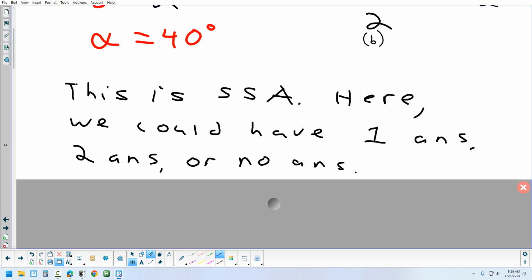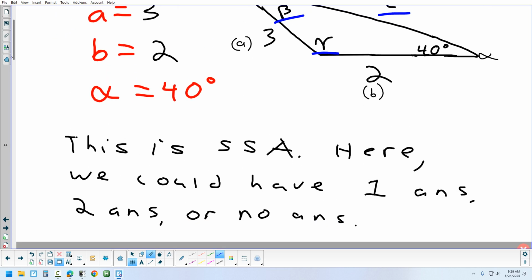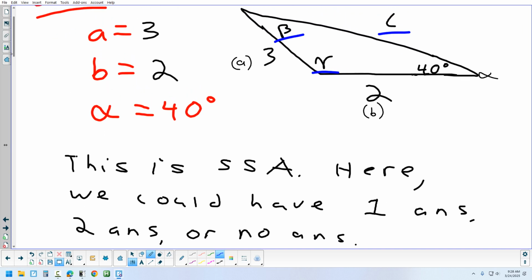Or, when we try to solve for the three things that are underlined, we end up with two different numbers for each of the things that are underlined. So you get two answers here, two answers here, two answers here, for a total of 6 answers. Or we could try to solve this problem, and something happens when we do it, and we realize that there is no solution. That means that the information they gave us, it is impossible to make a triangle out of.